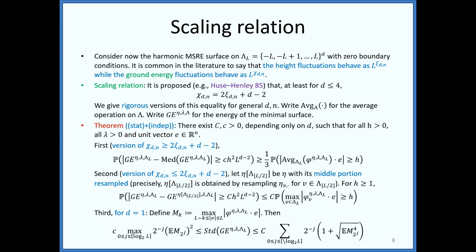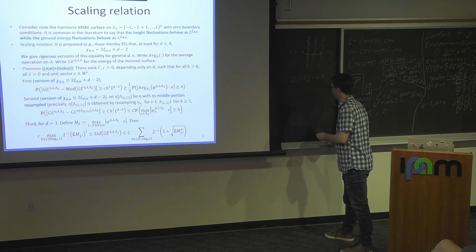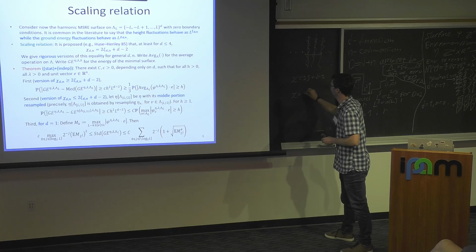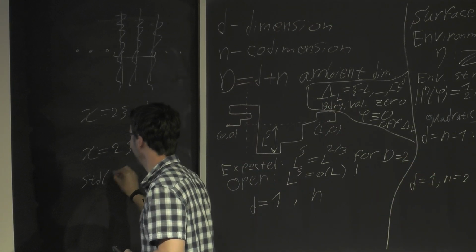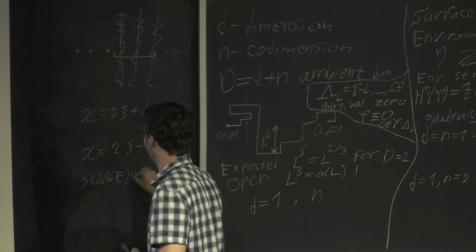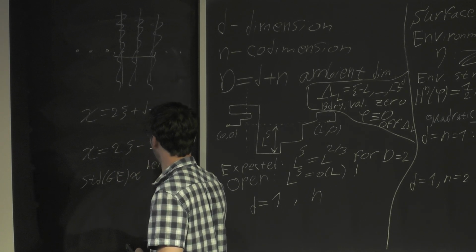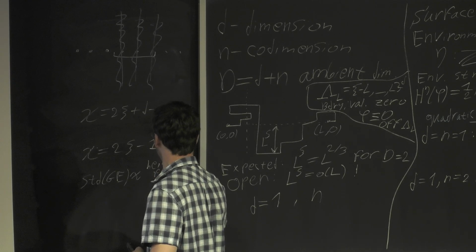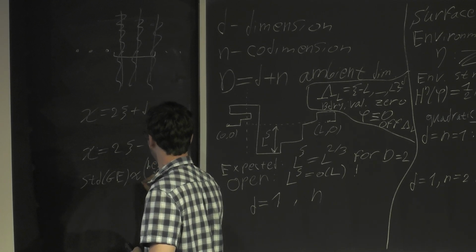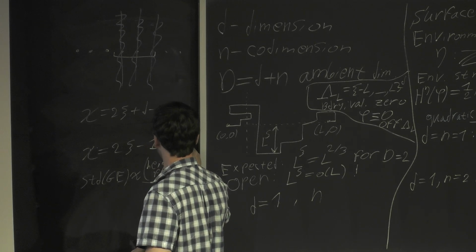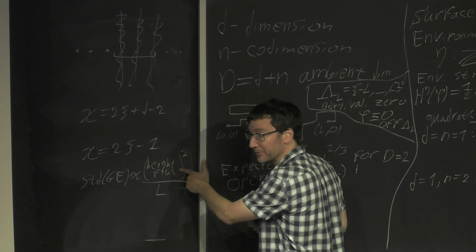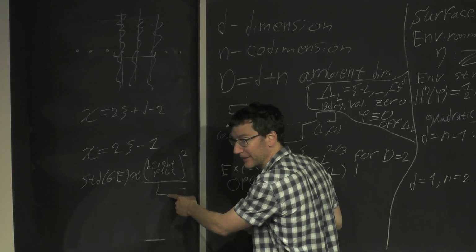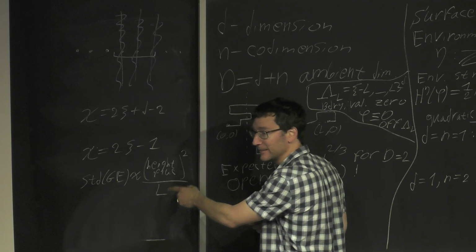When you read the scaling relation in dimension 1, chi equal 2 psi minus 1, what this suggests to you is that the standard deviation of the ground energy is like the height fluctuation squared divided by L. And what I'm saying here is that if this height fluctuation is measured at distance k from the boundary, then it should instead be divided by k. And then this is a two-sided bound.